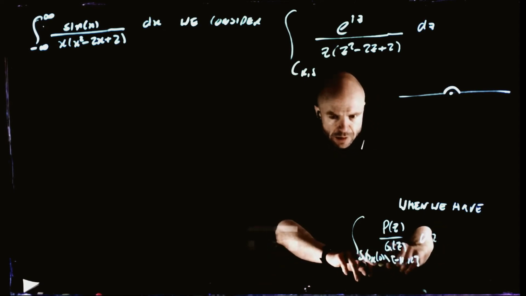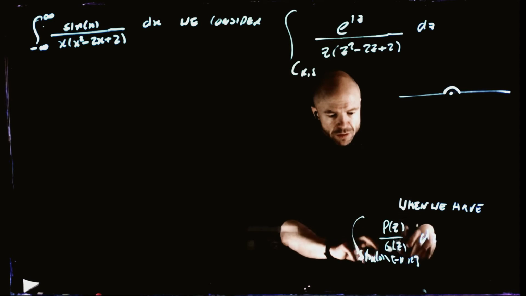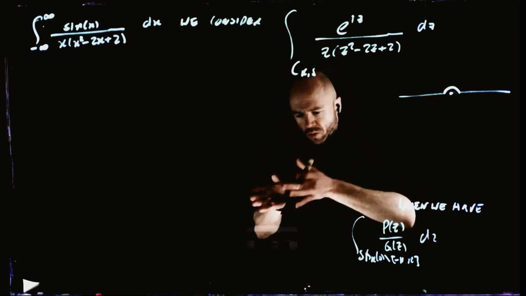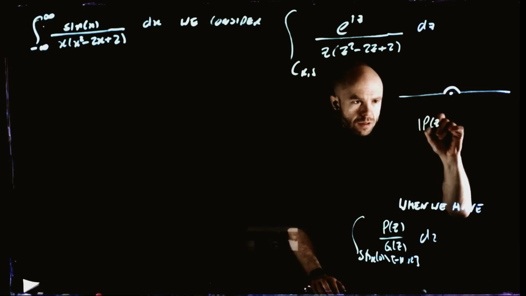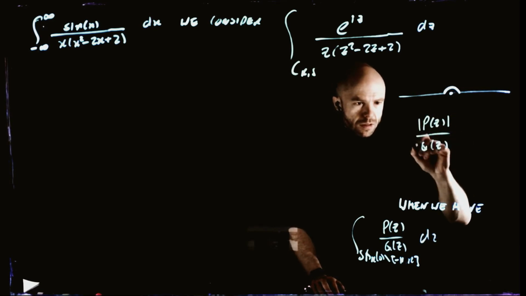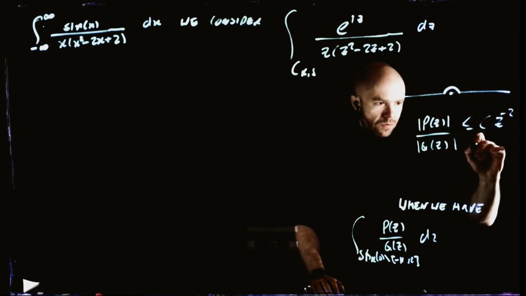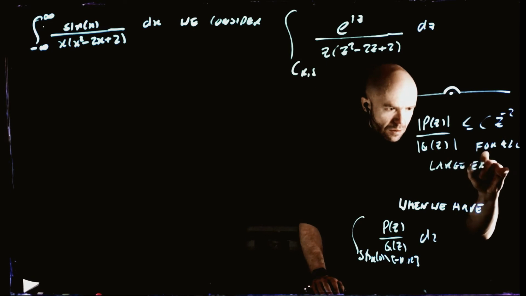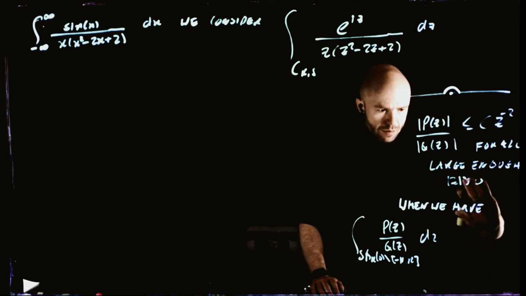Well, the length of the semicircle is order r, right? And for very large z, because the leading order terms of this thing are the dominant players, this thing will decay like 1 over mod z squared. Yeah? So P of z over Q of z will be less than some constant over mod z squared, for all large enough z. We saw this, yeah? Do you remember seeing this?